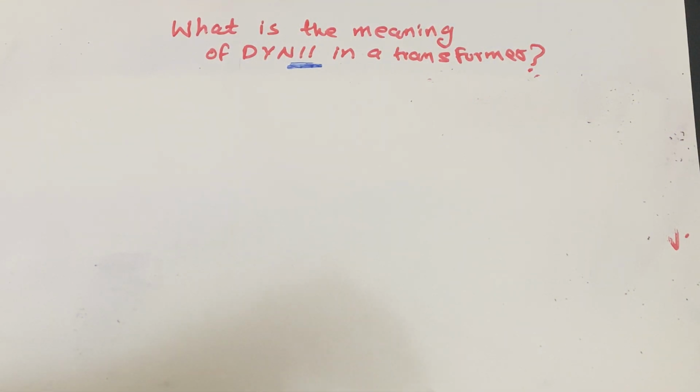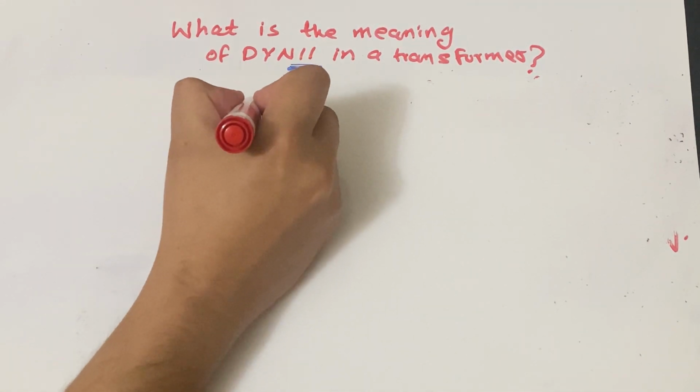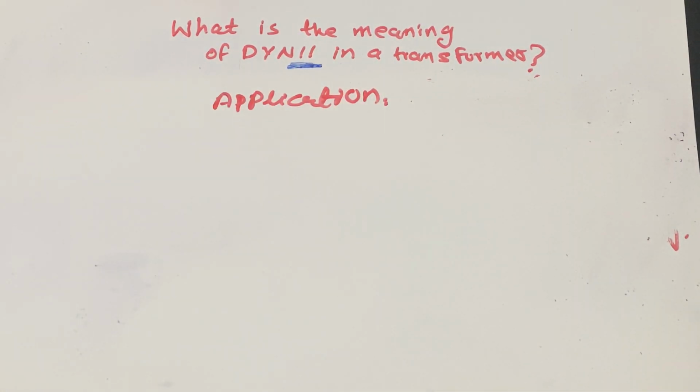Now let's discuss some applications of this vector group. Wherever transformers are used, the DYN11 group will be there. On the nameplate of the transformer, DYN11 will be there always.